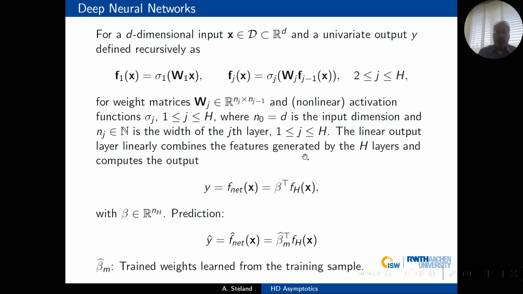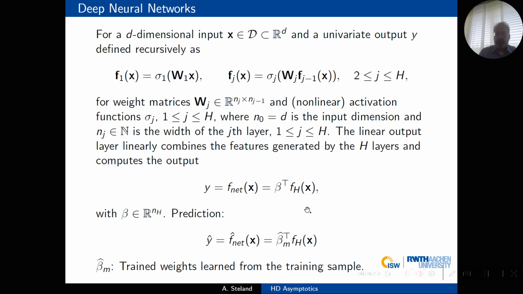And at the output layer, we use a linear activation function. So the output of the net is given by a linear combination, beta prime applied to f_h(x). This is the output computed by the last hidden layer.